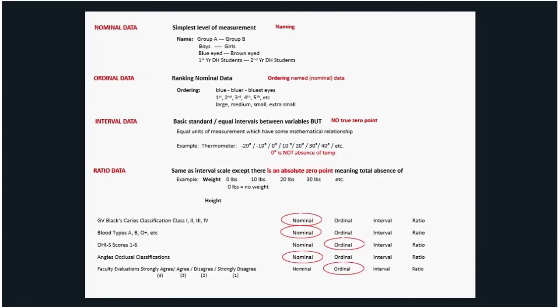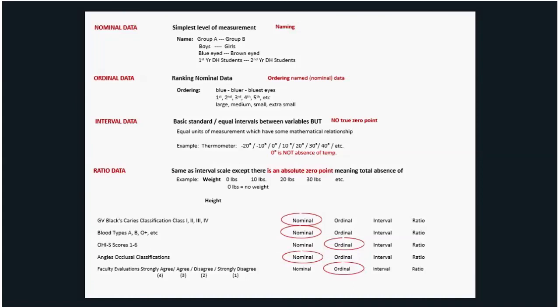So what we're basically doing here is we're going to say, okay, 4 for strongly agree, 3 for agree, 2 for disagree, and 1 for strongly disagree. We're trying to put this in order of how someone feels about a particular thing. But is there any mathematical relationship? Can we say strongly disagree is a set mathematical 4 times less than a strongly agree opinion?